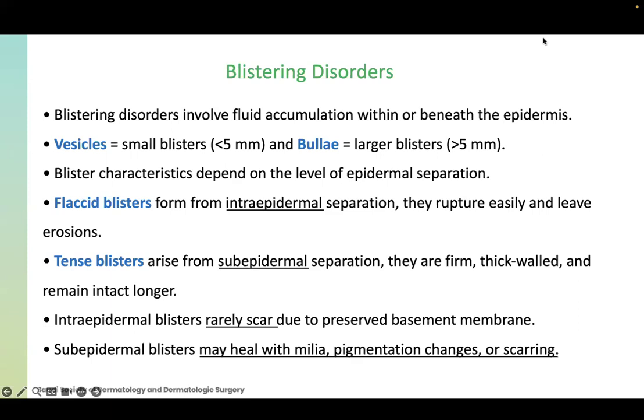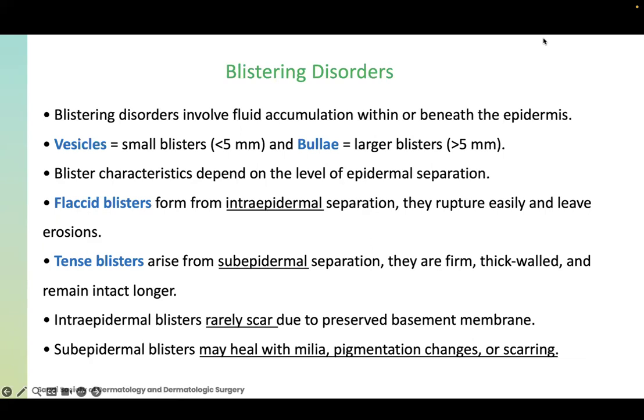Blister is a general term. So usually in dermatology, we say vesicle or bulla. It depends on the level of epidermal separation. For flaccid blisters, the level of separation is intraepidermal, at the 4 or 5 layers of the epidermis, depending on the site, because it's 5 layers in some places and 4 layers in other places.